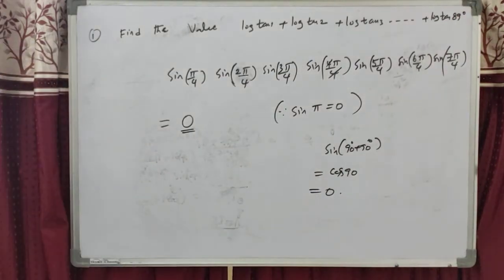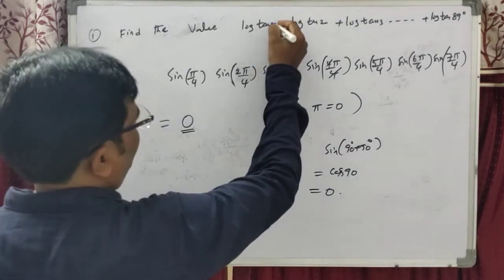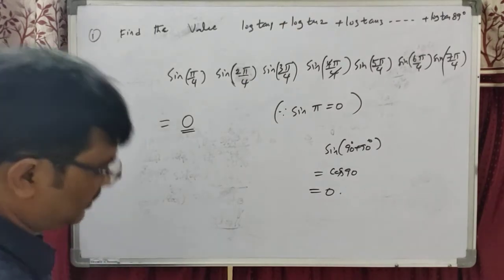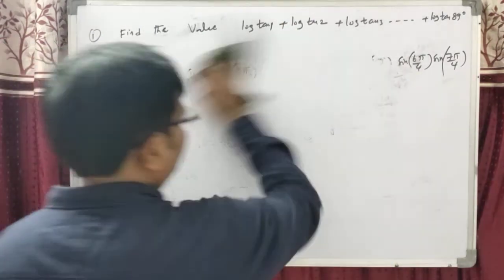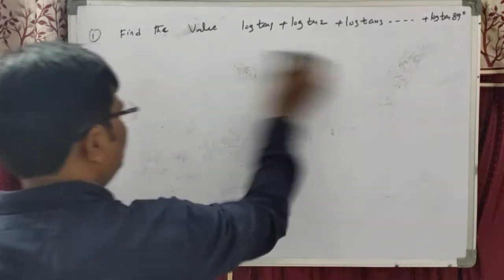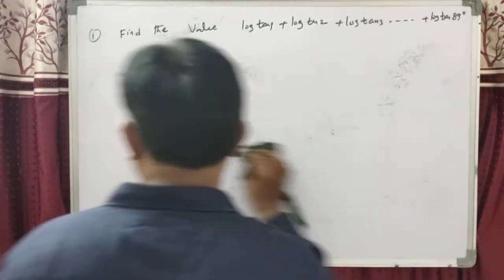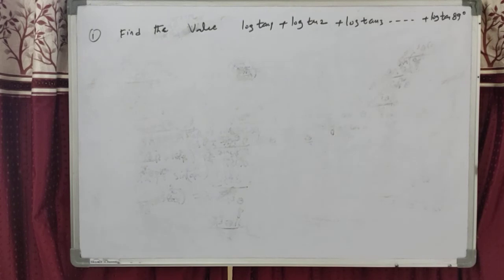Dear students, how can you find that one? We have to know that log A plus log B plus log C is log ABC.